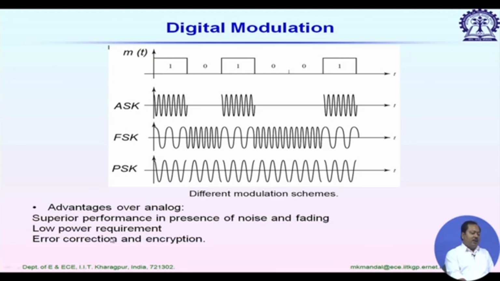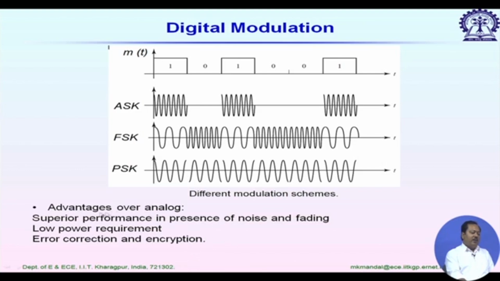Then error correction, this is not only for digital modulation, for any digital system we can incorporate a way so that we can understand whether there is any error in the received bit chain or not. We can also encrypt our data, which is not feasible in analog communications.